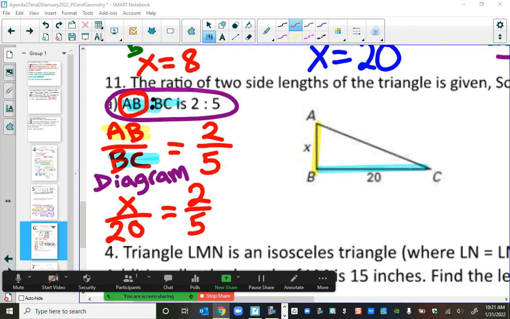Get that agenda set up, and then anything you miss, get from a neighbor. Anybody find that value of X? X is going to equal 8. Very good.